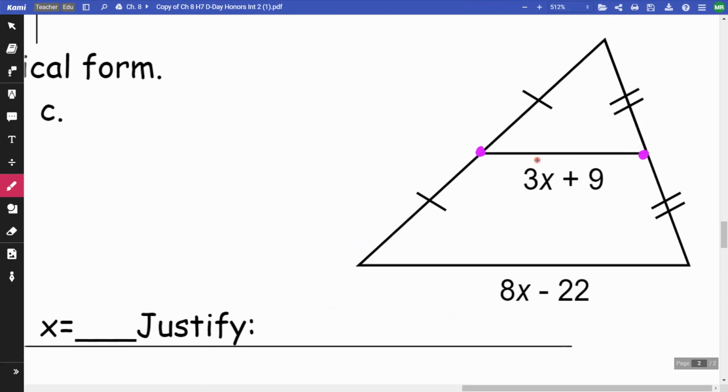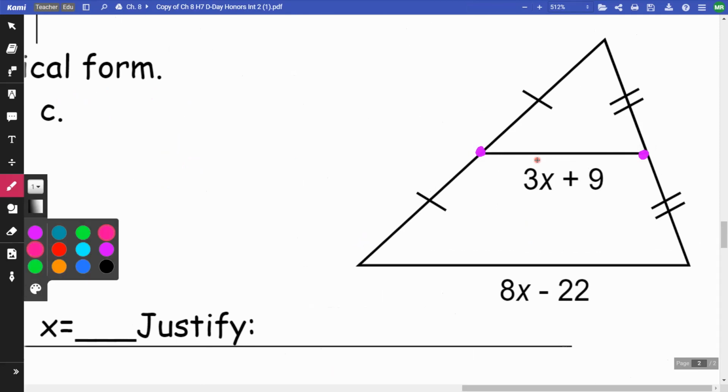And what that means is that since this is halfway in between here and here, these are both the same length, okay? Which means that this side of this triangle, if I double it, I would get this side. So this side is twice as big as this side.